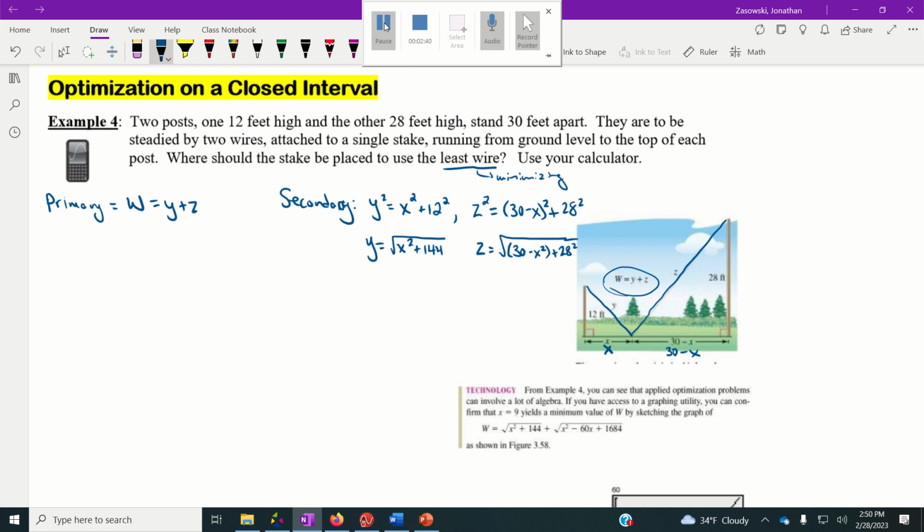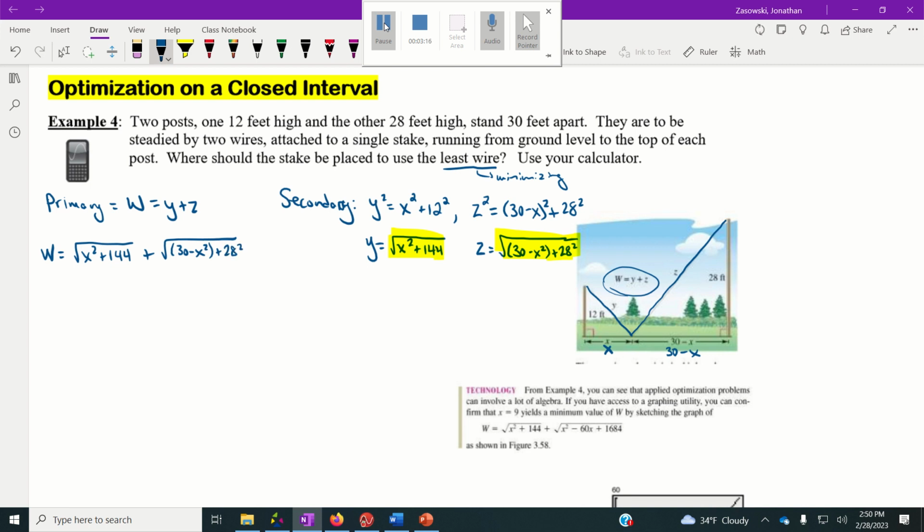Okay, so my primary formula is W equals, and notice that both y and z are now in terms of x. So remember, we want to get our formula in terms of one variable. So the square root of x squared plus 144, and then plus the square root of 30 minus x, squared, plus 28 squared.